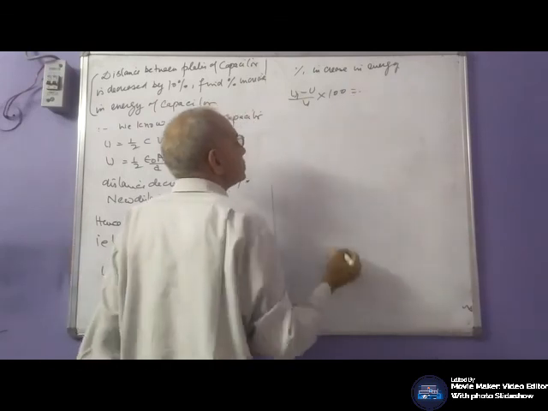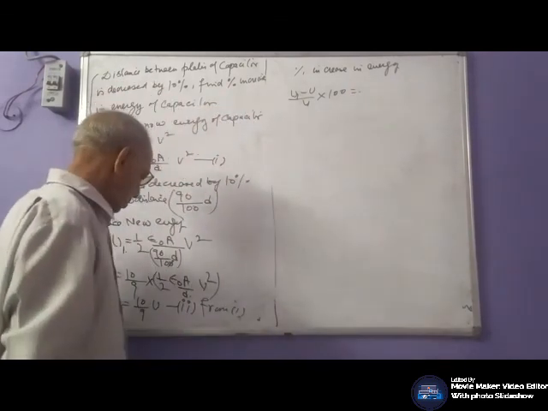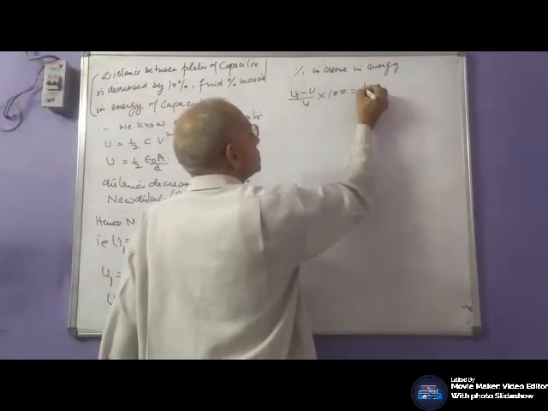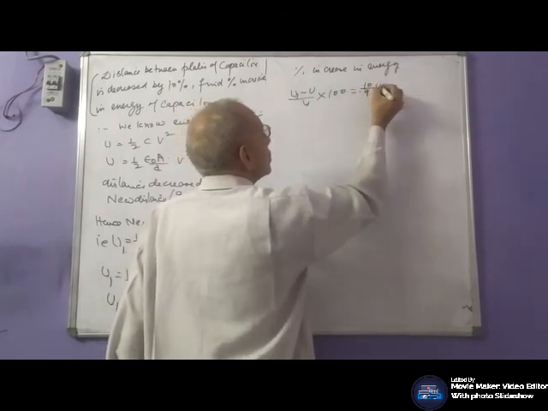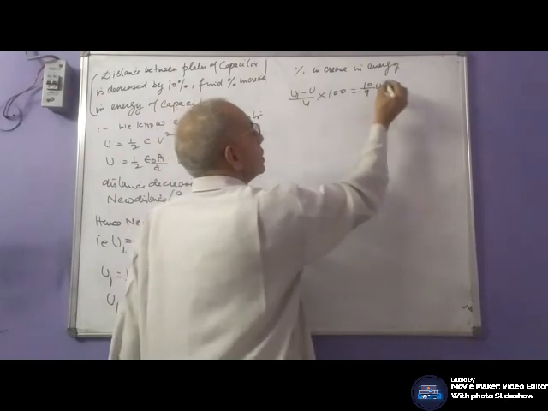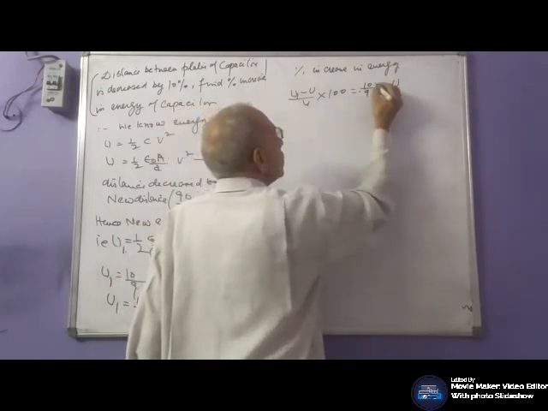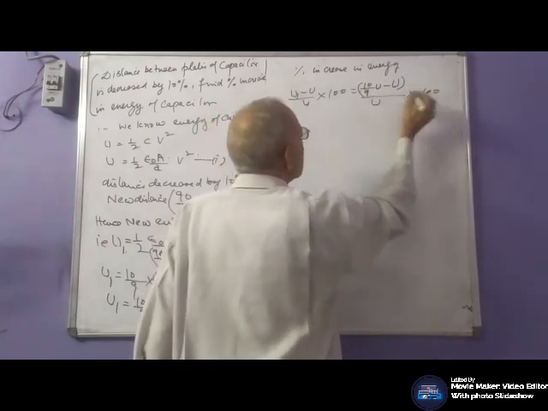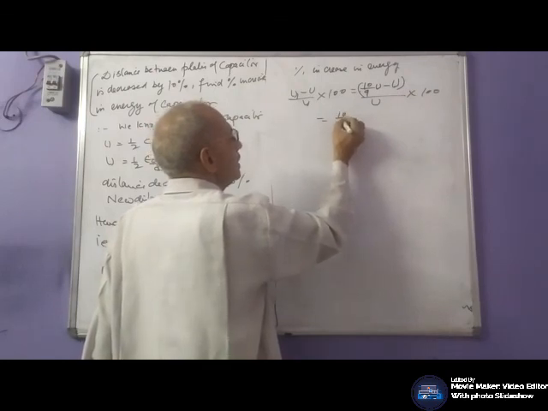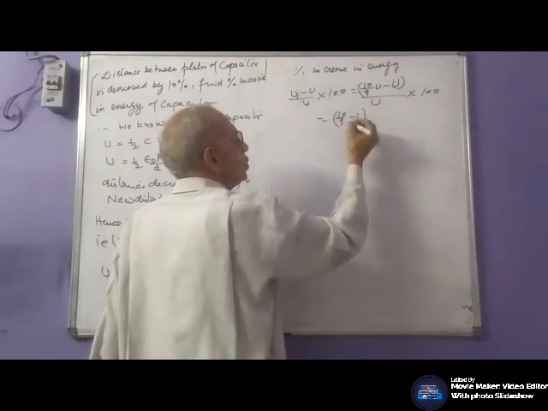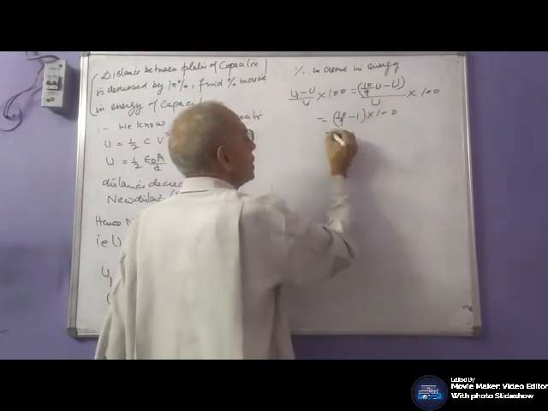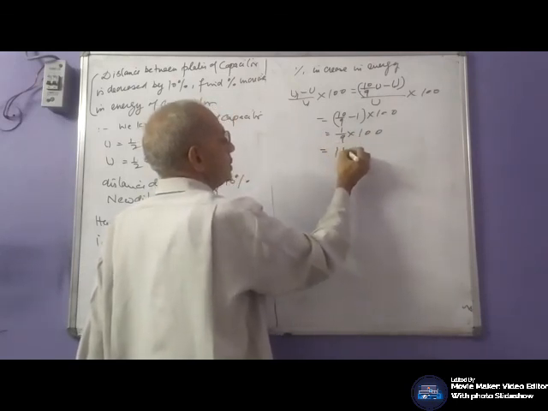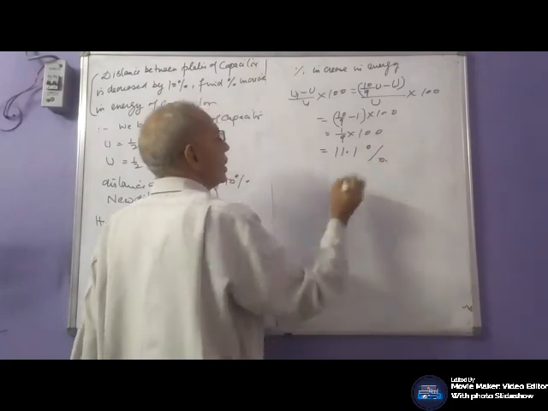That is, U1 by U minus 1, into 100. 10 by 9 minus 1. U goes with U, into 100. It is 1 by 9 into 100 percent.